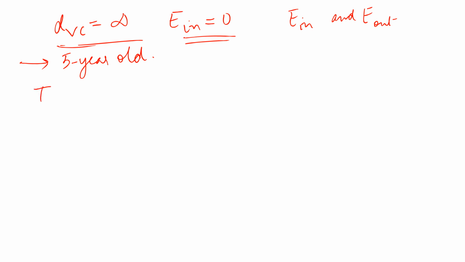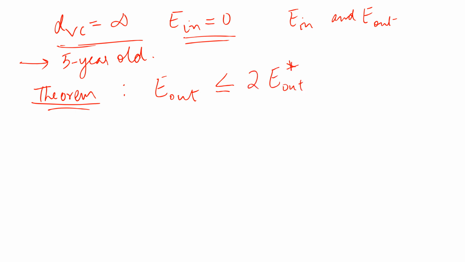All right, so what is that new theorem or this new path that we are taking? Let me state this theorem. This theorem says that my E out is at most equal to or less than 2 times E out star. Now, what is this E out star? I'm defining this E out star as the optimal error. So this is my optimal E out.